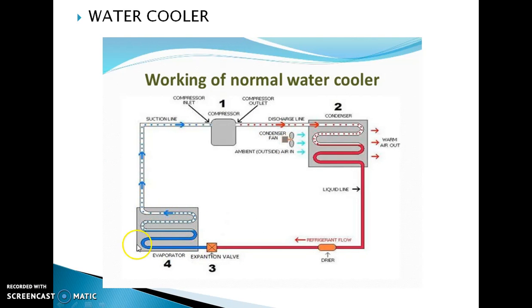So here, around the evaporator coils, the main supply of water or the large water bottle supply is provided. So here we can get the cooled water as per the requirements of the application.